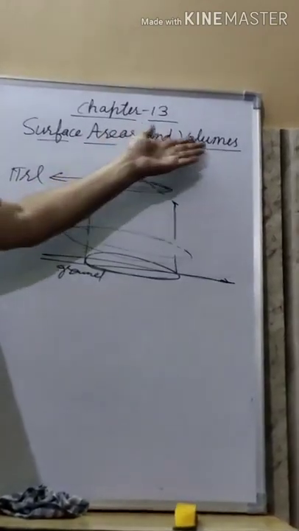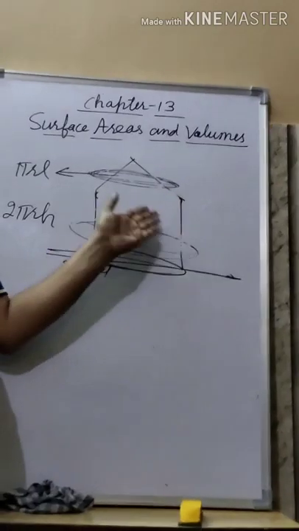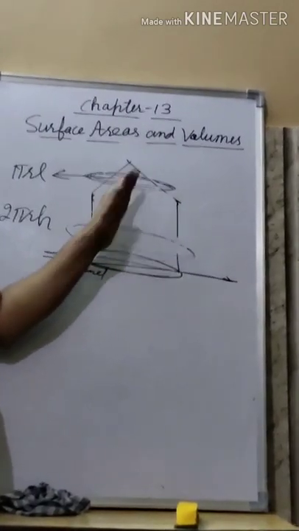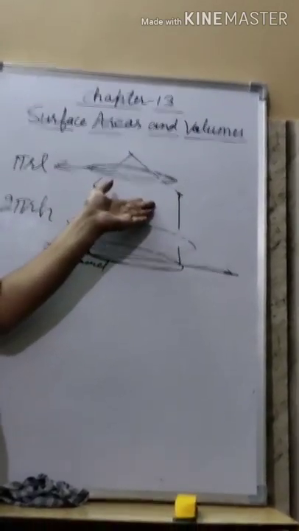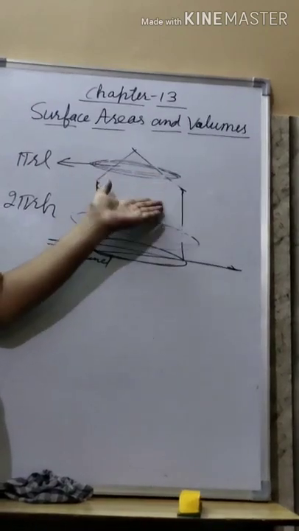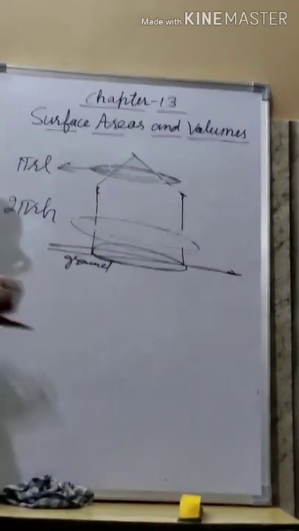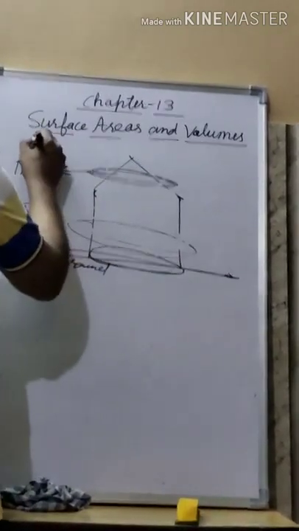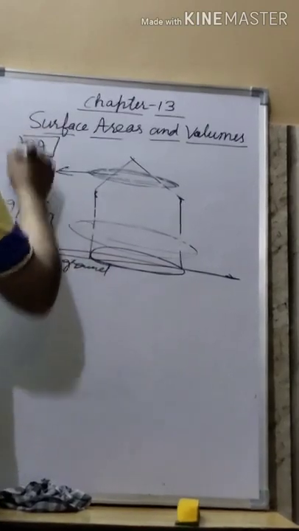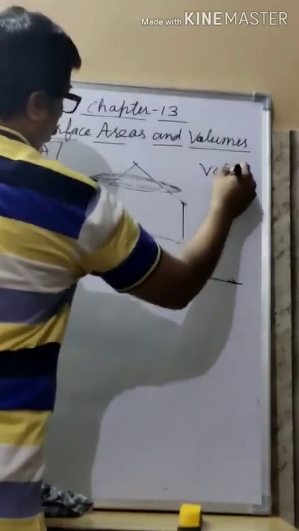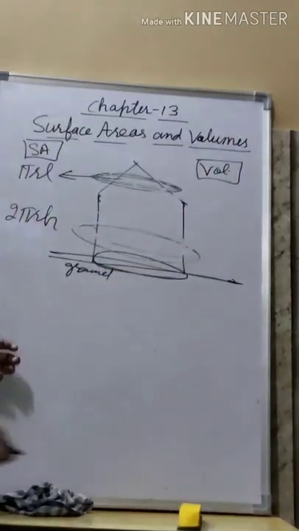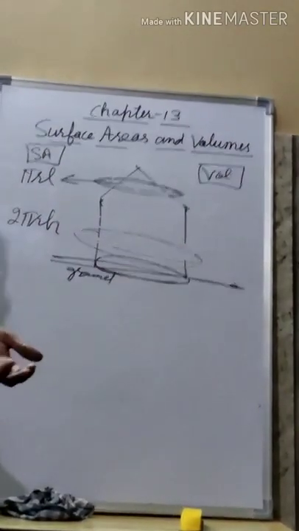And about volume, it is very much easy. Volume means the region inside the object. The region inside the object, that is called its volume. Volume concept is very much easy.